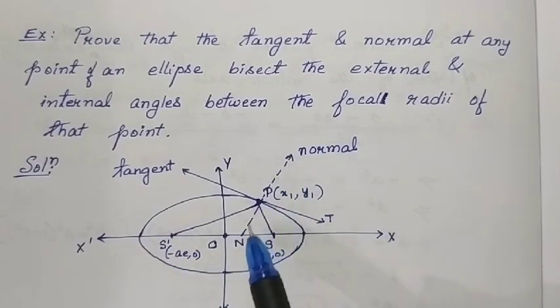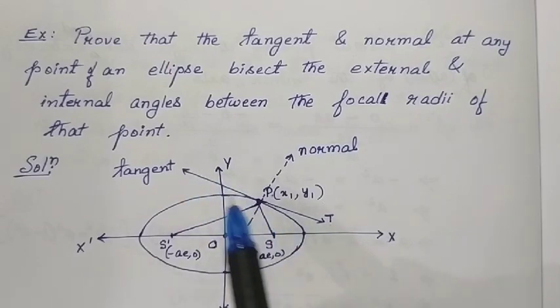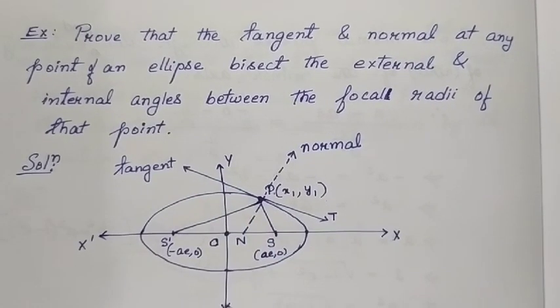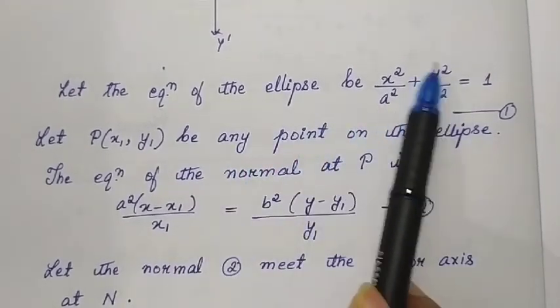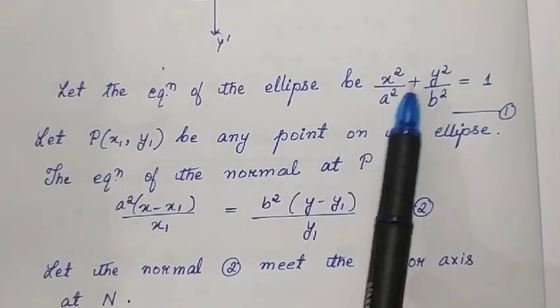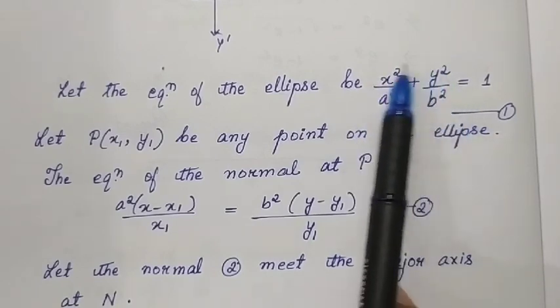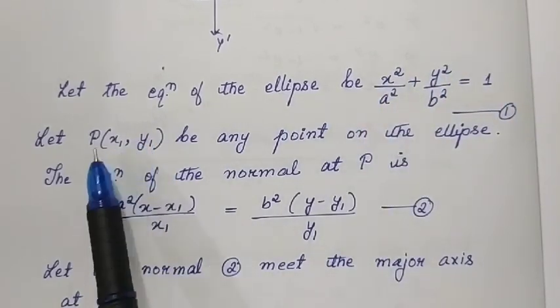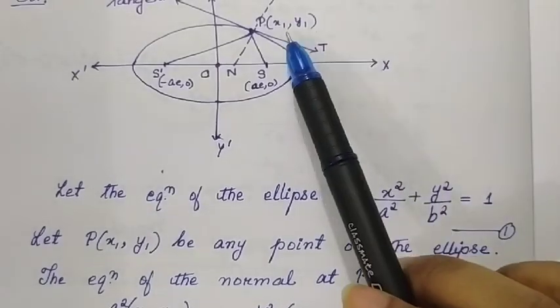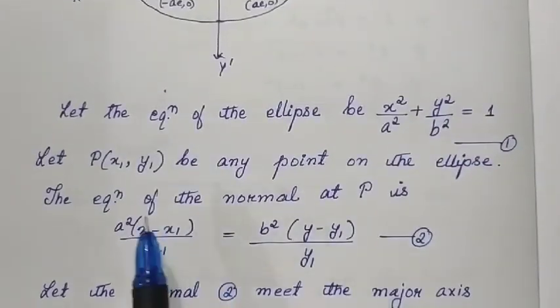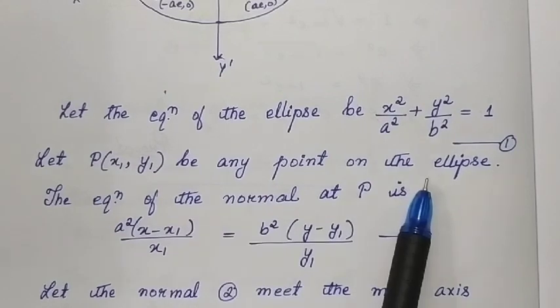This is the normal at P, and PT is our tangent. Let the equation of the ellipse be this one. We have taken this point P (x1, y1) on the ellipse.